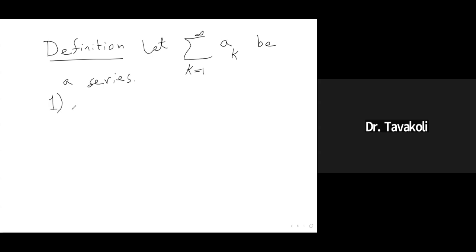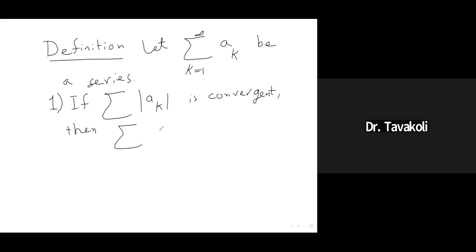Part 1, if sigma of absolute value of a_k is convergent, then sigma a_k is called to be absolutely convergent.